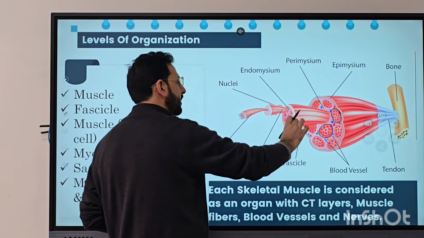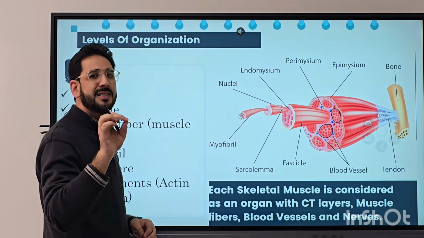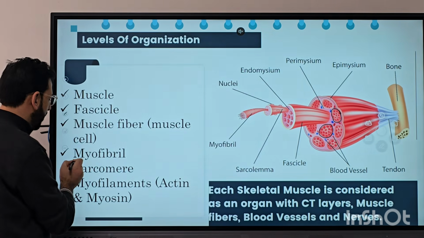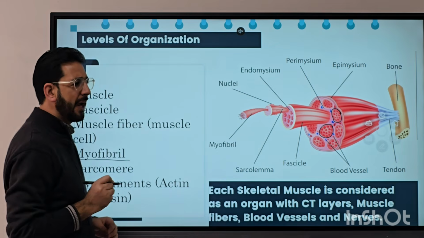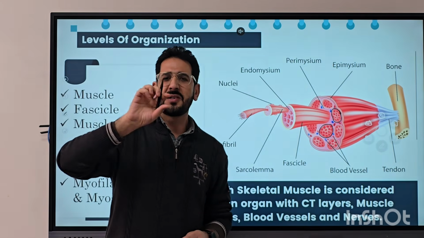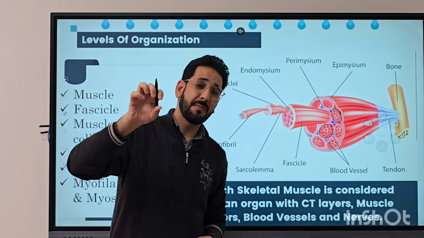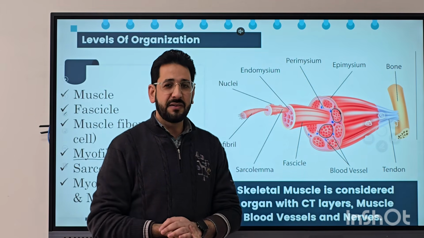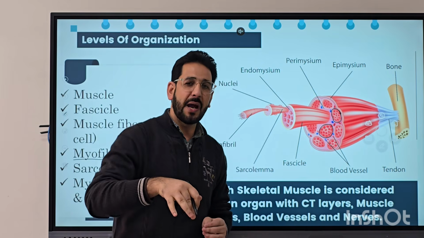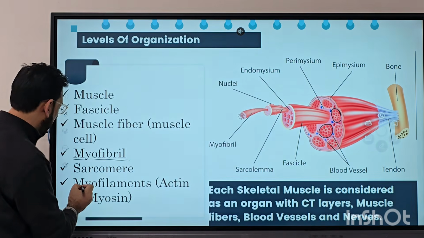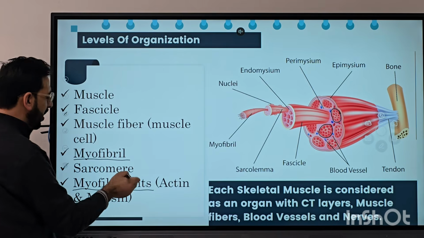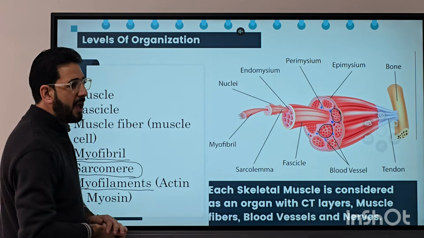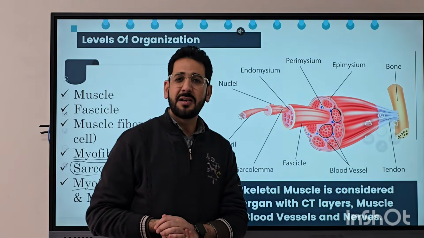Now, when we see inside the muscle fiber, we have a structure called the myofibril. Myofibrils are the rod-shaped structures that are present inside the muscle cell. When we take this tour deep into the myofibril, we see something called the myofilaments. Myofilaments are present in a structure called the sarcomere, and this sarcomere is present inside the myofibril.